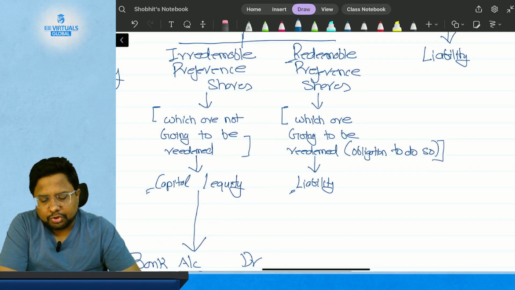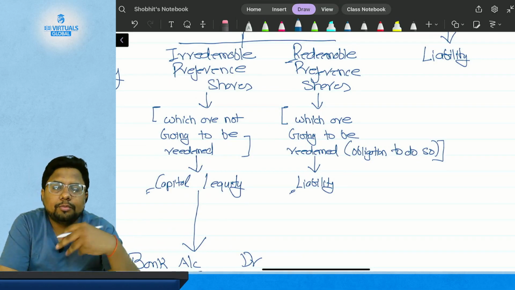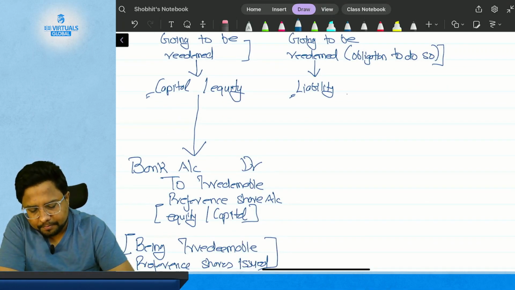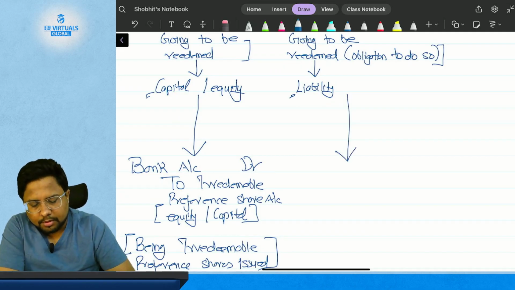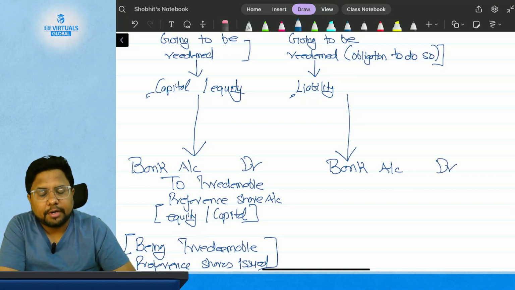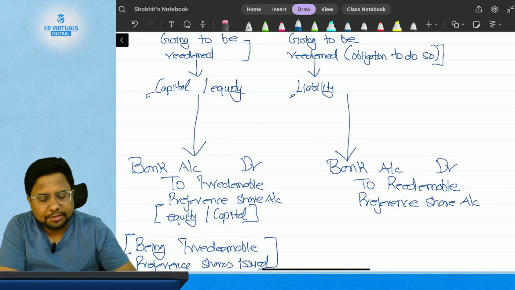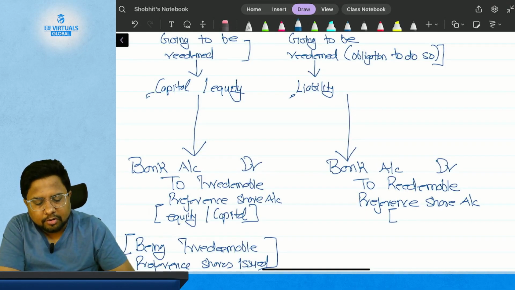Then we have the issue of redeemable preference shares, which are going to be bought back or redeemed by the company, which is a liability for the company. So the journal entry will be bank account debited to redeemable preference share account, which is going to be classified under the heading of liability, because these are a liability for the company.